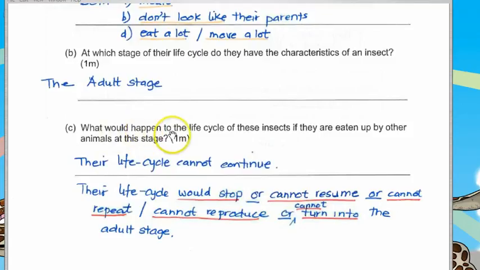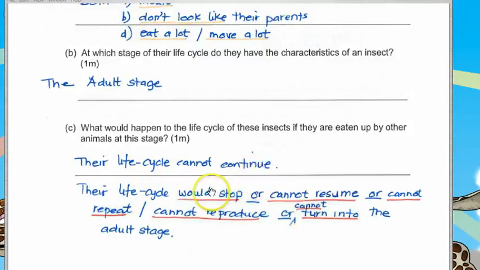What would happen to the life cycle of these insects if they are eaten up by other animals in the larval stage? So the key is the life cycle, not the insect. Of course, the insect dies and so on, but what will happen to the cycle? Their life cycle cannot continue.